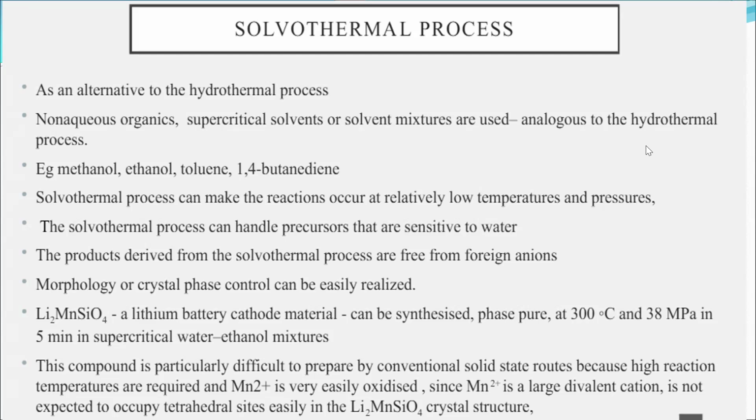This compound is particularly difficult to prepare by conventional solid state routes because high reaction temperatures are required, it is very easily oxidized, and some materials are not expected to occupy tetrahedral sites easily in the lithium crystal structure. So, based on the type of material that you use, it will be a little bit difficult compared to a hydrothermal process.